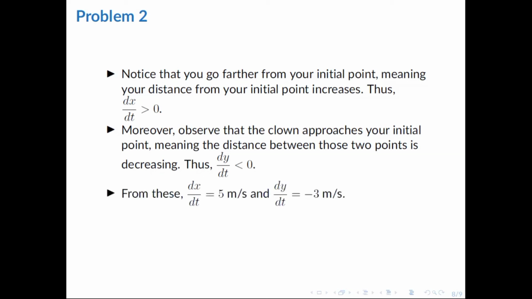Recall from the given earlier that we were moving 5 meters per second to the right, so that is our dx over dt. And the clown is moving 3 meters per second towards our initial position, so that is our dy over dt. And what we want is our dr over dt.